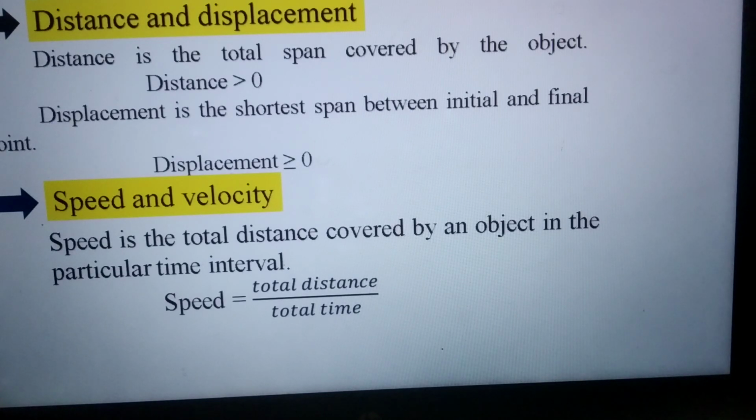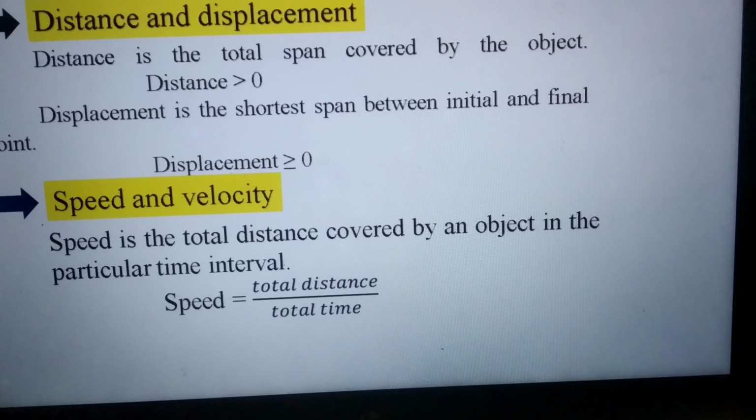In this slide we will discuss what distance and displacement are. Distance is the total span covered by an object, and distance may be positive only. Distance may not be equal to 0 and may not be negative.